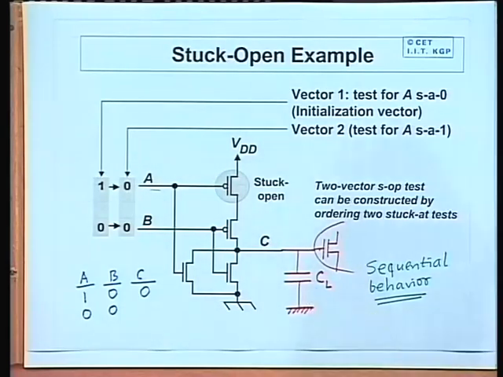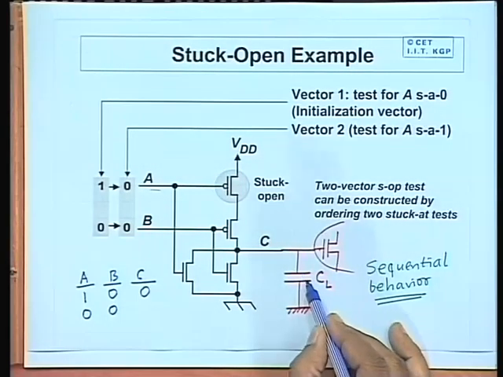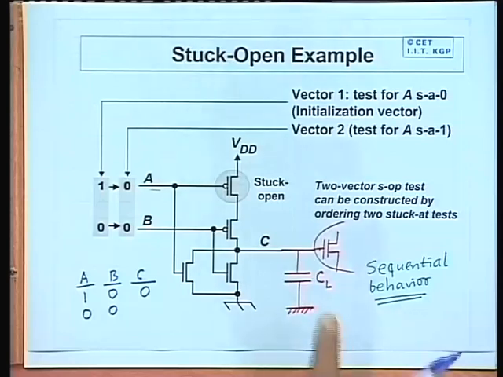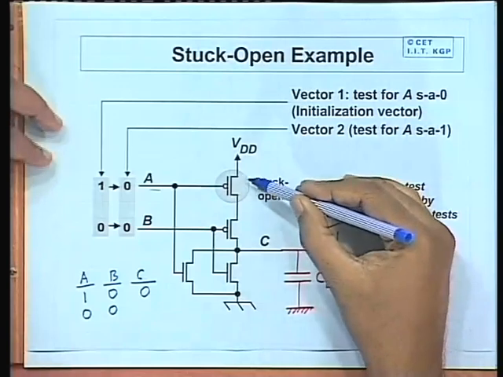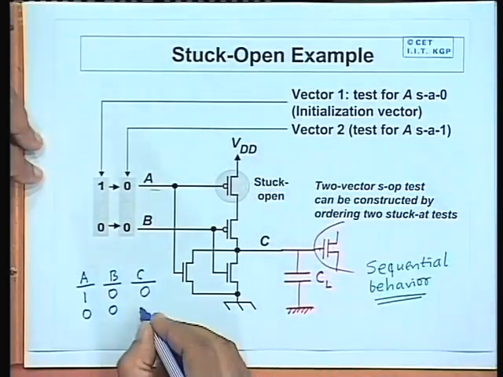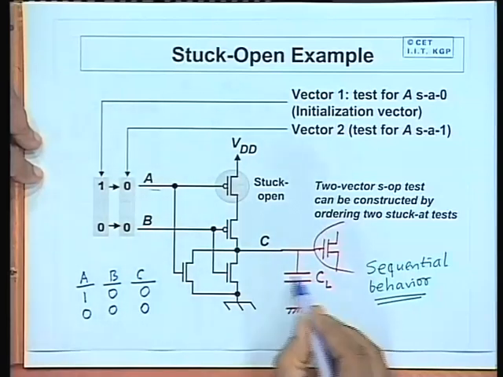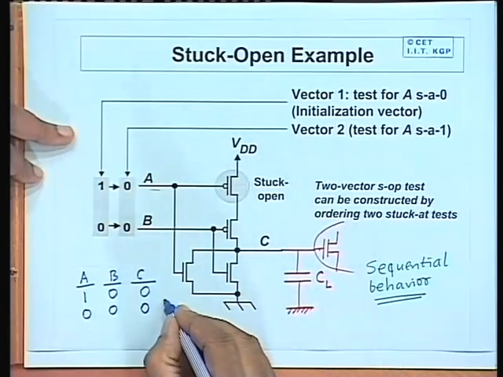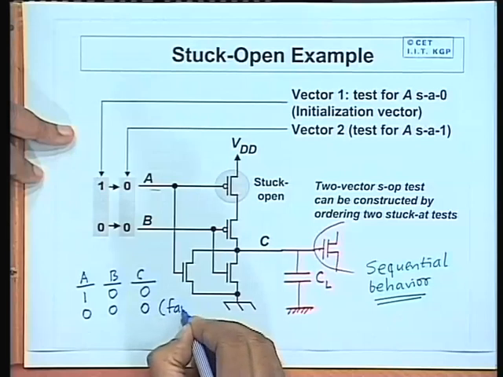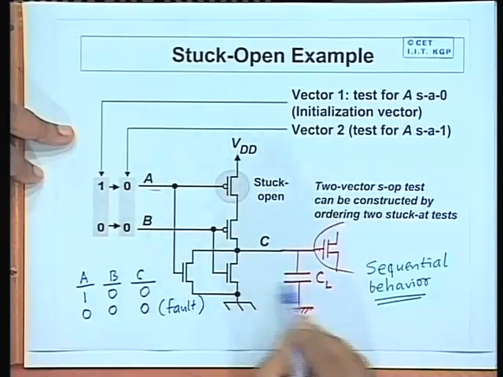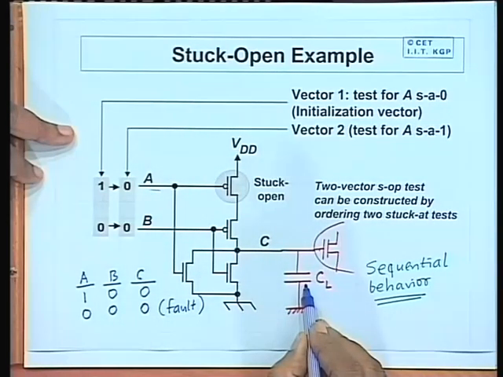So what will happen to CL is that CL will be holding the previous logic value, whatever was there. So in presence of the fault, C will be 0 because the capacitor was already discharged.